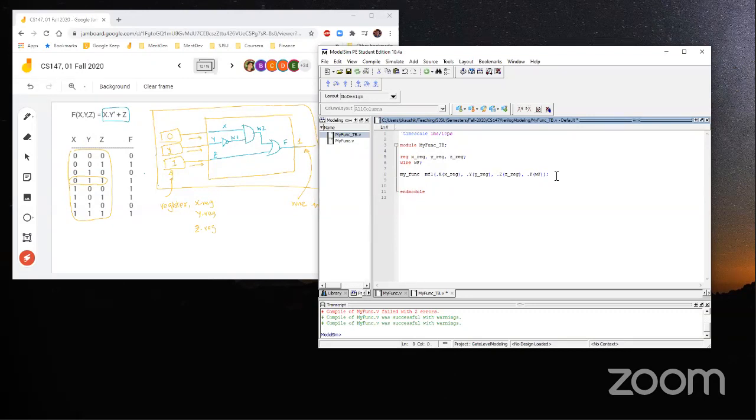The alternate way would be like this. Myfunc mf1, this is the implicit connection. X reg, Y reg, Z reg.